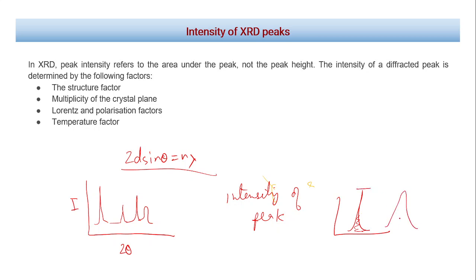There is a lot of physics behind why the peak is broad or why the peak's height is more or less. So it's not random.